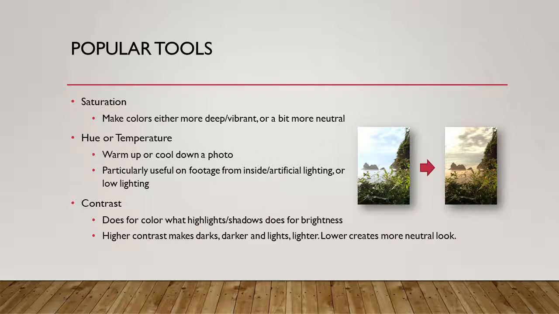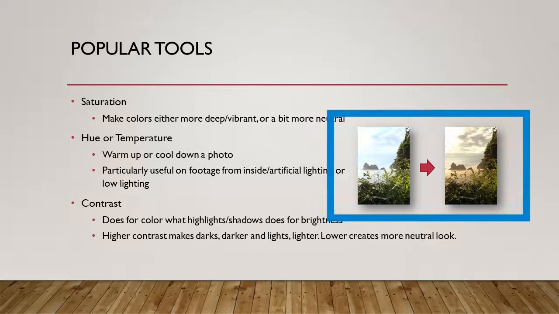Hue or temperature can also really change the feel of your photo. So this is where you can warm up or cool down a photo. And depending on which platform you're using, which tool you're using, it may be hue or it may be temperature. So that's why I'm including both of those terms.